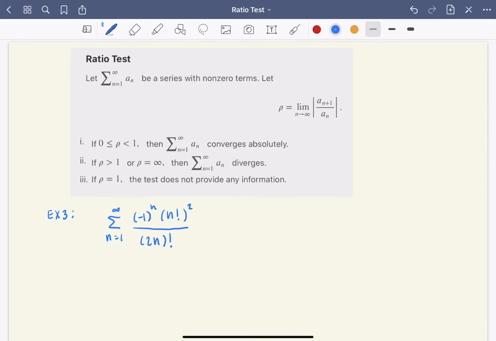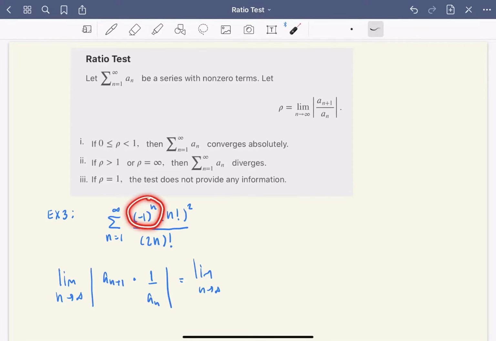Okay, so we start with finding this limit. Limit as n approaches infinity, absolute value of a_{n+1} times 1 over a_n. And then we see that with the absolute value, what we have here is negative 1 raised to n, but when we take the absolute value, it's gonna be 1 anyway.